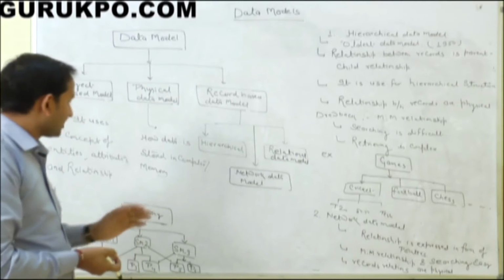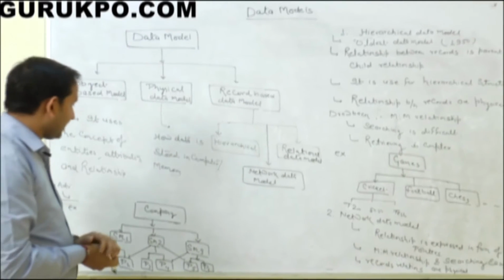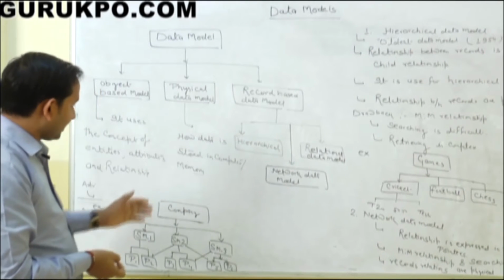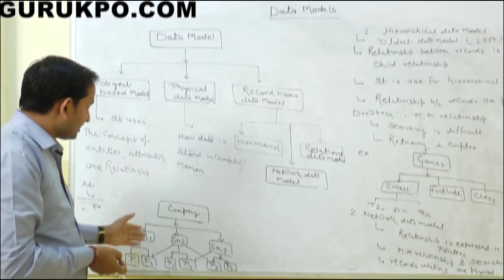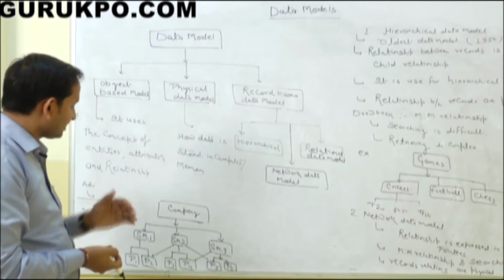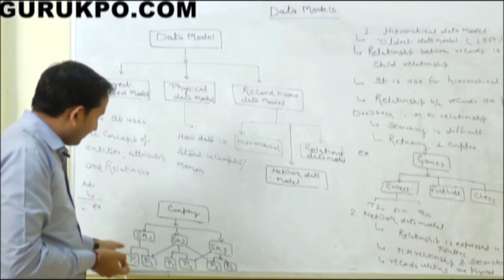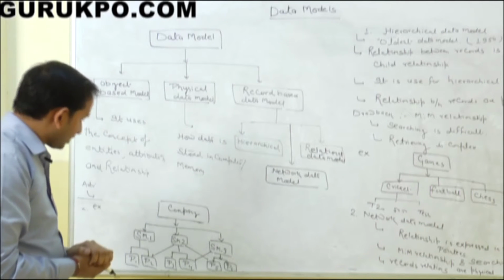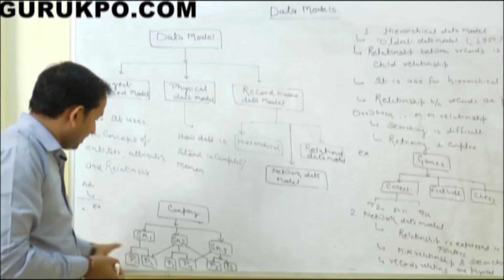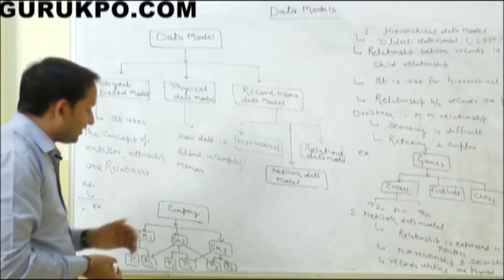This is the example of network data model. There is a company. This is a sales or marketing diagram. Company contains multiple salesmen: salesman 1, salesman 2, salesman 3, and each salesman sells different products: product 1, product 2, product 3, product 4, product 5, and product 6. So different products are marketed by different salesmen.